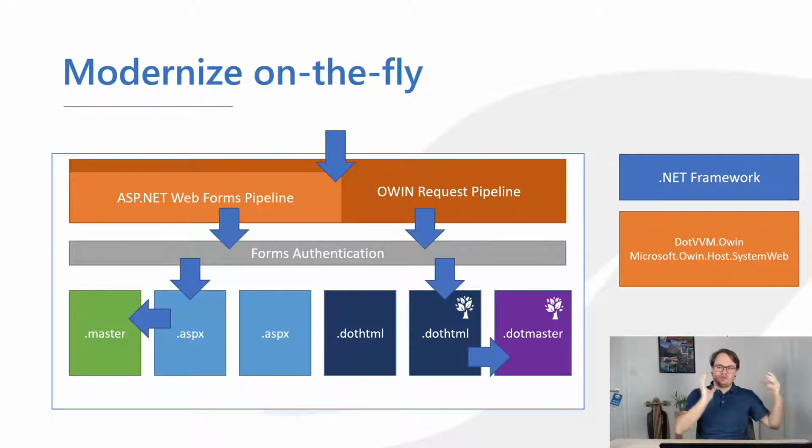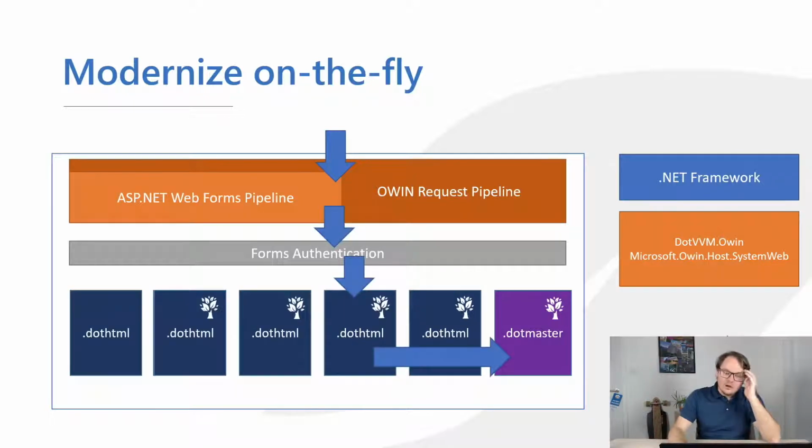If the user signs in on the Web Forms part, even the .vvm part will see that the user is signed in and will be able to interact with the same business logic, the same services, and the same database. You don't need to change your business logic mostly or at all. And over time, after a few months, maybe weeks, depending on the size of the application, you will be able to replace all ASPX files in the application.